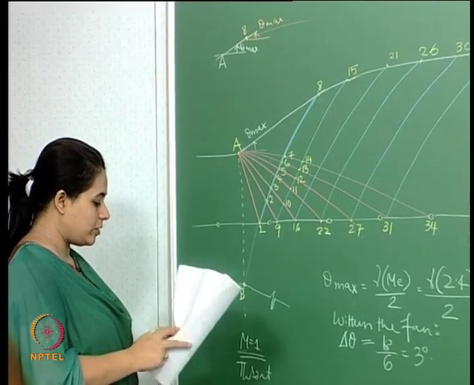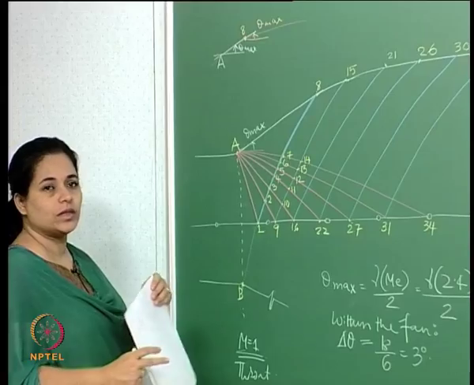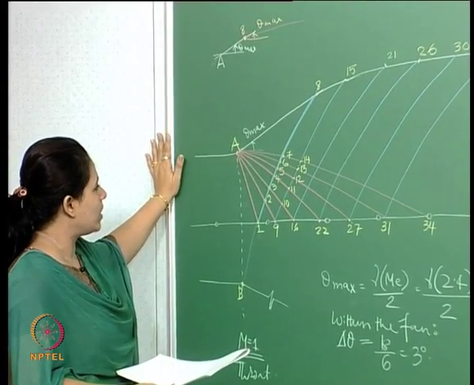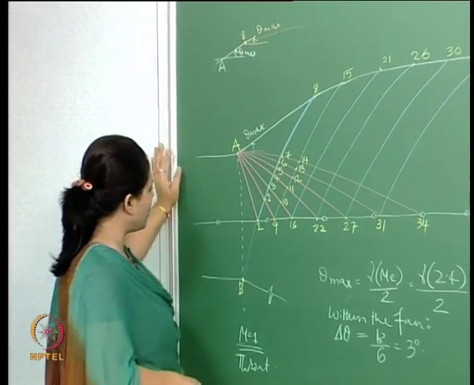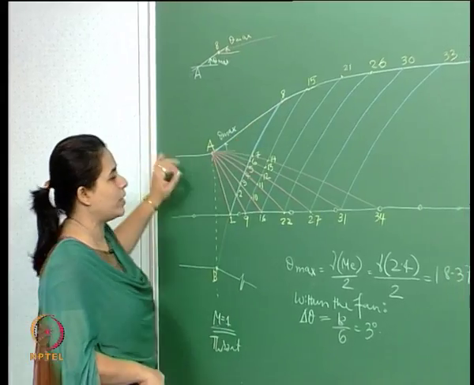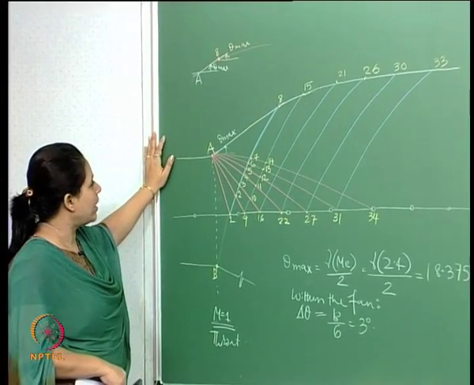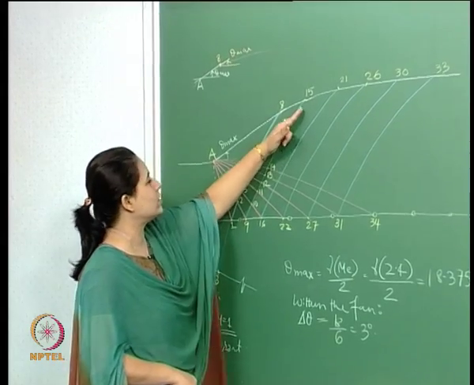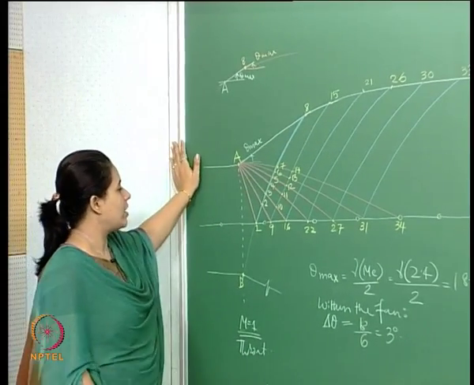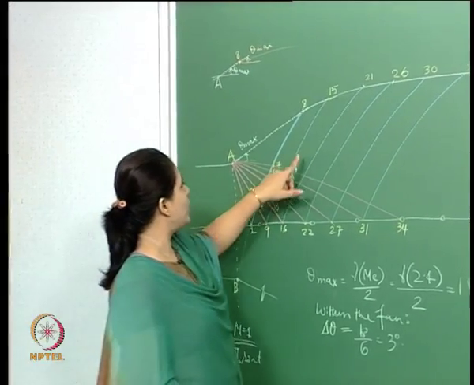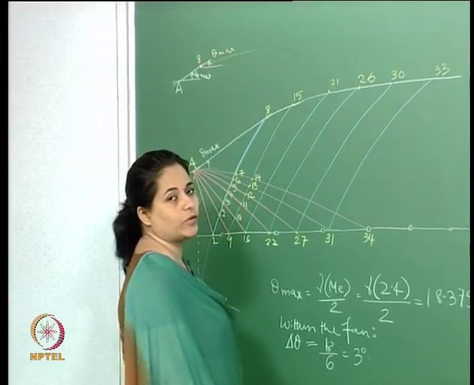Now if we do that, we continue to do this, and once we've done this out here, we've been able to locate this point 8. Then we do the same thing coming back to this characteristic out here, and we locate this point, say 15.